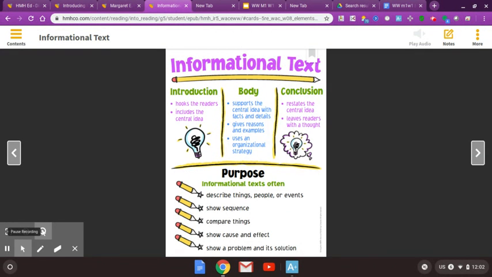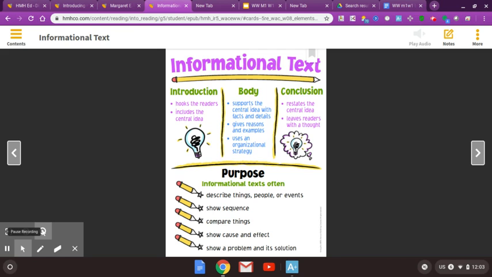Now that we've covered informational text, its parts, and also the purposes that it has, let's talk about what would be some types of writing that would fit in this category. Some types of informational text might be found in a newspaper.